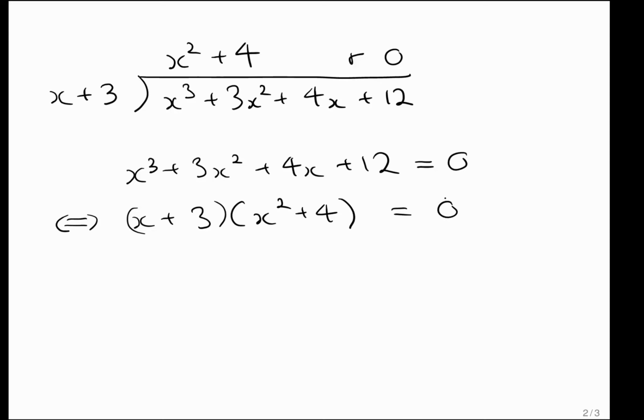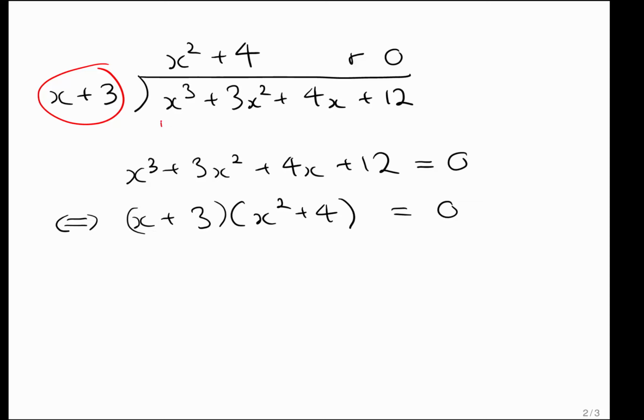A very important question is, how did we know that dividing by x plus 3 would give us the 0 remainder that we sought? Well, recall the piece of theory from class that asserts the following.